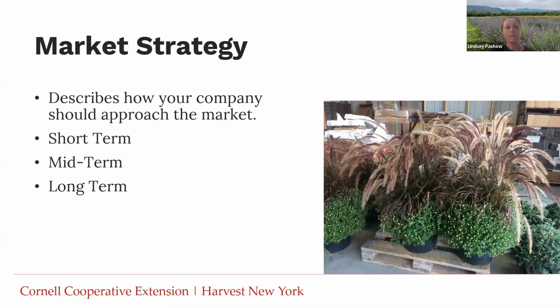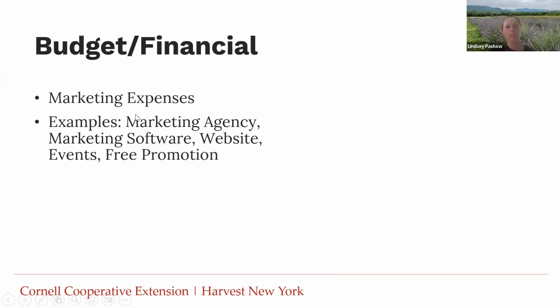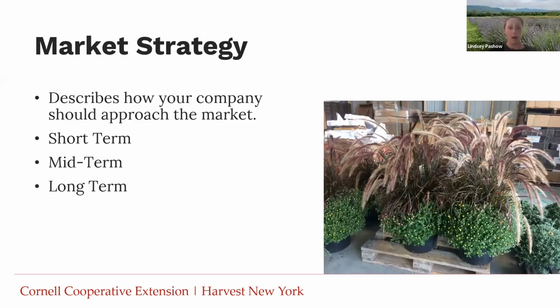You mentioned your market strategy already. So that means having short-term, mid-term, and long-term goals for your farm and how they're going to be approached. That would include a timeline too: a year from now, 2 years from now, and potentially for long term, 10 years from now.